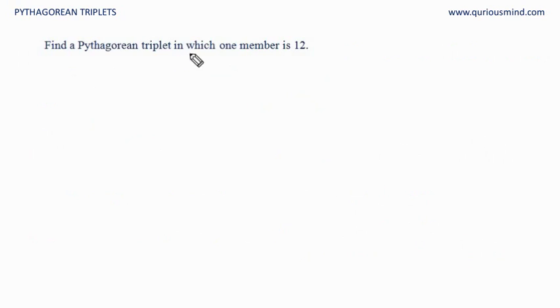Find a Pythagorean triplet in which one member is 12. So let's say 2m is equal to 12. And in that case, m is equal to 6. If m is equal to 6, the second Pythagorean triplet member is m square minus 1.